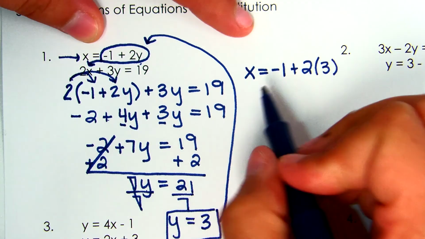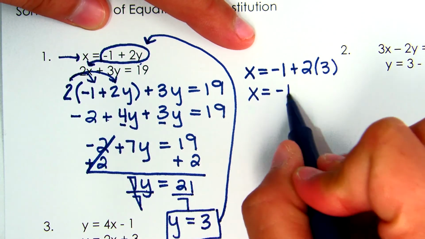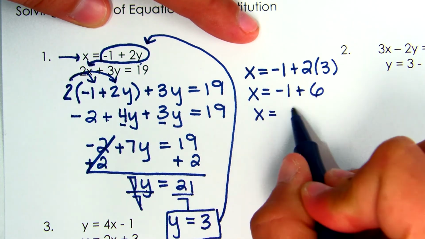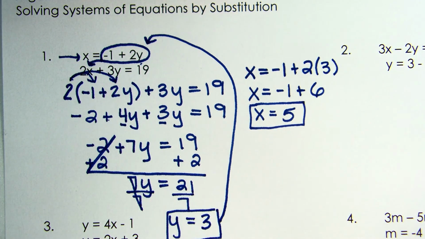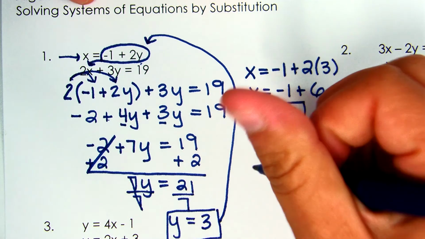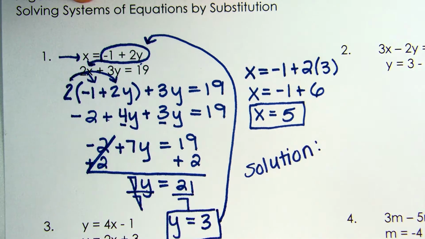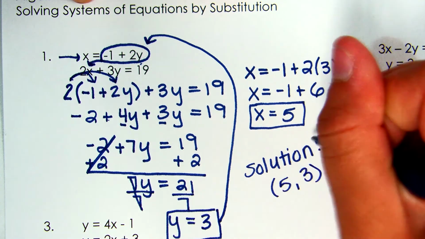Now I'm going to simplify. X equals -1 plus 2 times 3 is 6. And -1 plus 6 is 5. Now, when I write my final answer, I should write it as an ordered pair. So my solution to the system of equations is (5, 3).